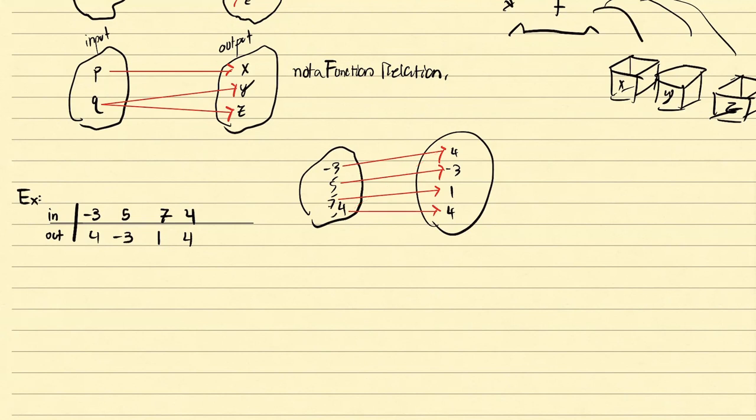Actually, no, I'm sorry. It can't go to that one. The way this table is written, 4 cannot go to this 4 up here. So this is a functional relationship. Function relation.